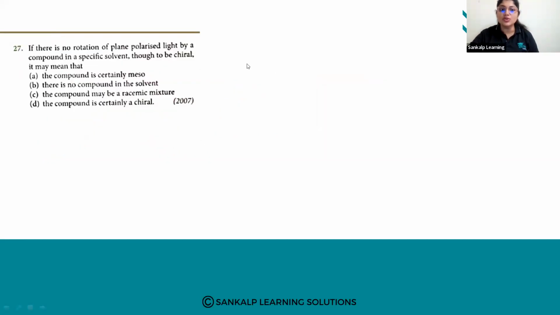If there is no rotation of plane polarized light by a compound in a specific solvent, though it is said to be chiral, it may mean that: A, the compound is certainly meso; B, there is no compound in the solvent; C, the compound may be a racemic mixture; D, the compound is certainly chiral.